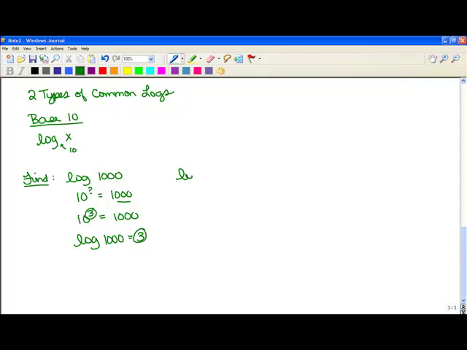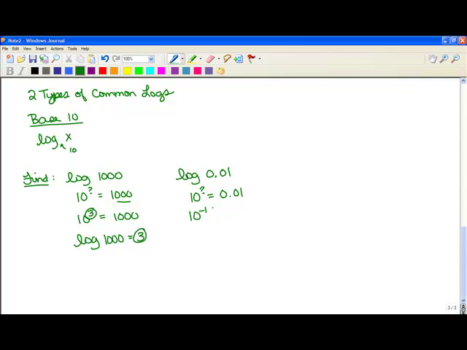Looking at another problem, find the log of 0.01. Again, the base is not written, so we assume it to be 10. 10 to what power is 0.01? Well, we need to think about negative exponents to make the number smaller.